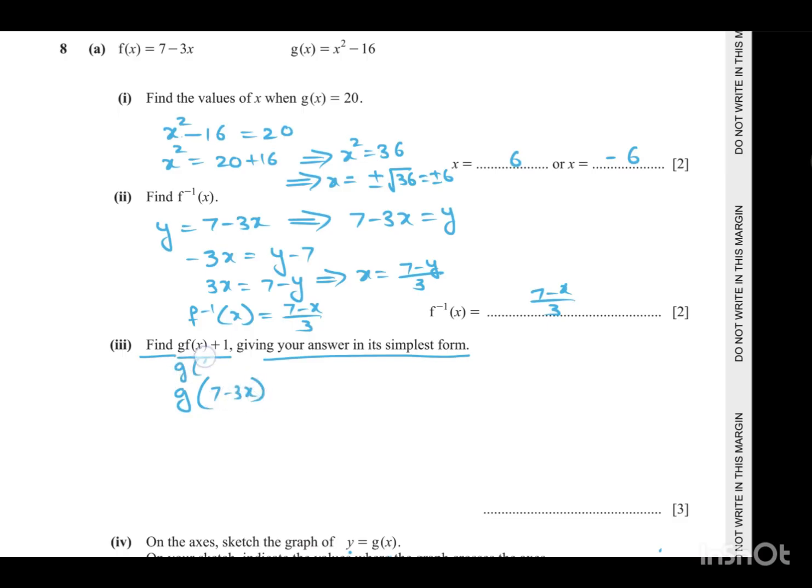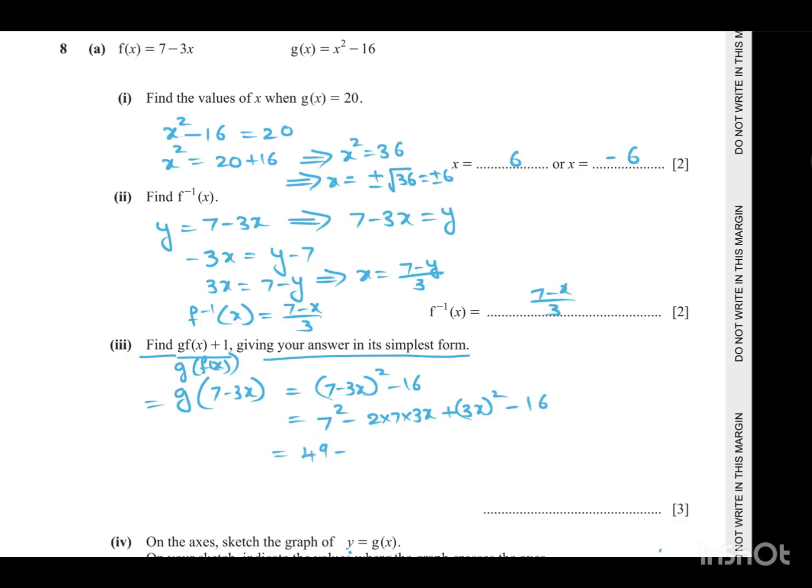So now in place of x we will put 7 minus 3x in the g function, minus 16. 7 square minus 2 into 7 into 3x plus 3x whole square, minus 16.